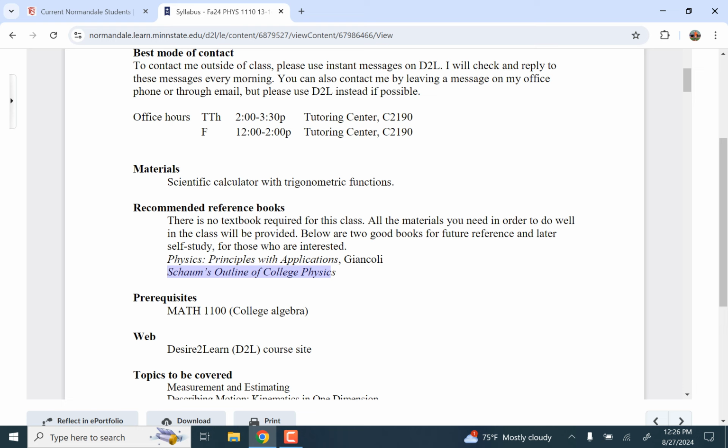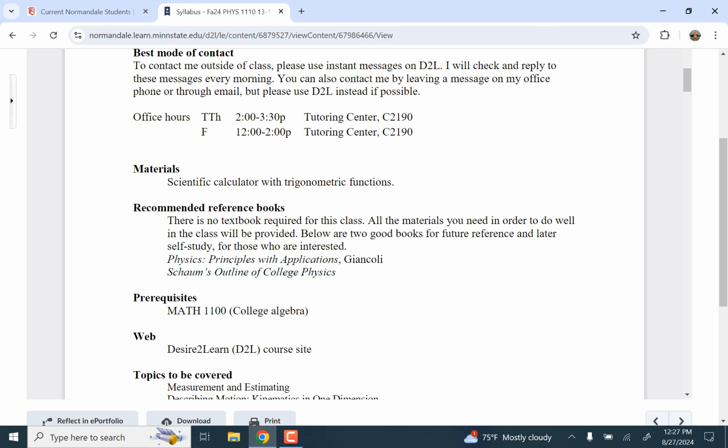Not as wordy as a textbook would be, but I think perfectly good for reviewing something you've already covered. And then they have a lot of problems with full solutions to some of them and then answers only for other ones. And so it's just a great way to refresh your memory and work on a lot of problems.